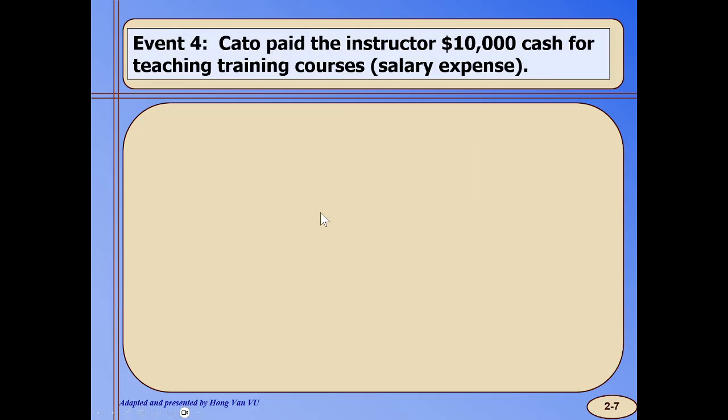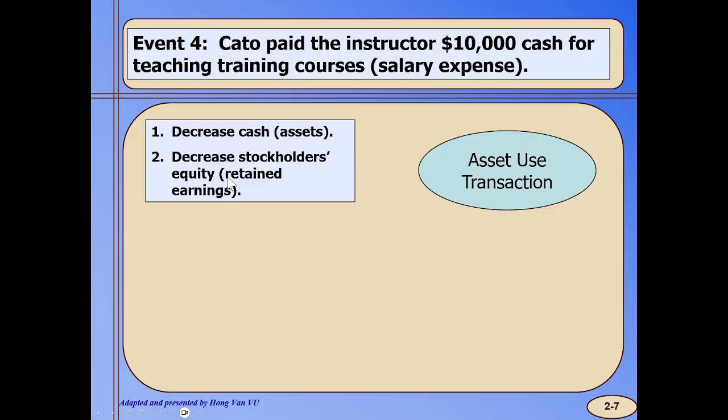So now we look at transaction number 4. The company paid the instructor 10,000 cash for teaching training courses. It's a salaries expense, right? So this transaction decreases the cash asset and decreases stockholders' equity, meaning the retained earnings account within stockholders' equity.